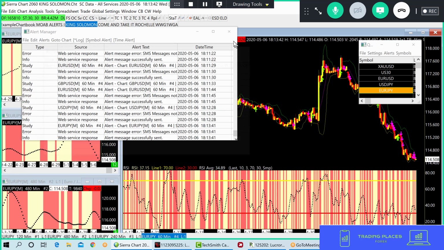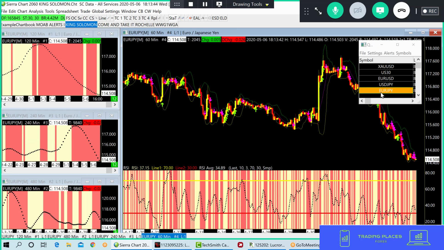So let's look at Euro JPY. Euro Yen is the nickname. The first thing you do when you're looking at this chart book here is King Solomon, because King Solomon knows all. We often refer to him as just the king. You can easily tell what direction it's going. You can easily tell right here.